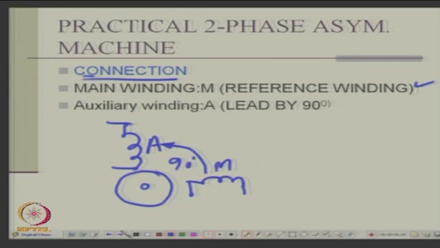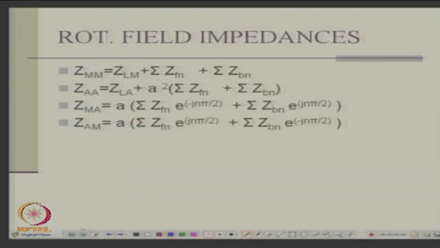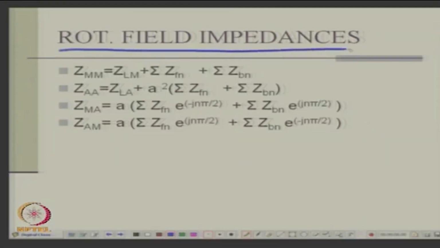Now, why not we analyze through our rotating field theory, and you write the rotating field impedances. The rotating field impedance ZMM will be ZLM, the leakage, plus ZFN plus ZBN, is it not, for the reference winding.